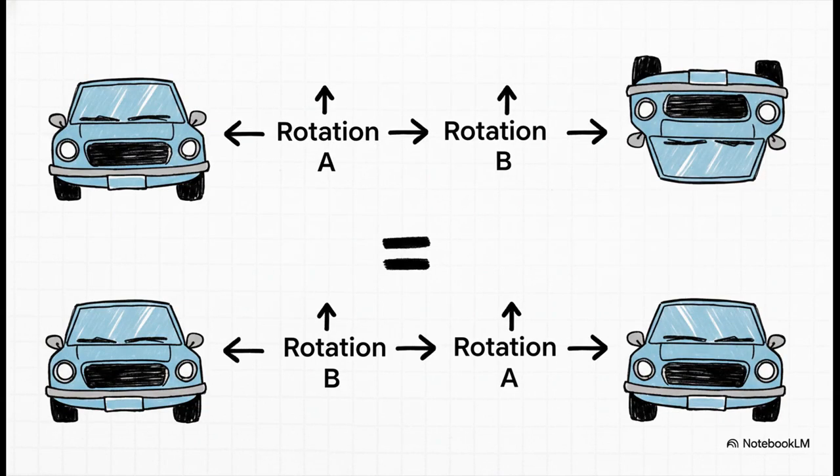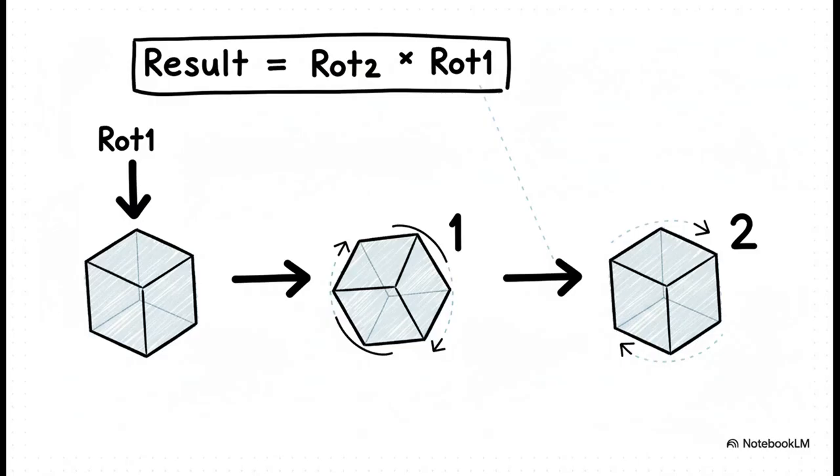But, and I really can't say this loudly enough, when you multiply quaternions, the order is absolutely everything. This isn't like normal math where 2 times 3 is the same as 3 times 2. With quaternions, A times B is not the same as B times A. And here's the part that gets everybody at first. The order feels backwards.